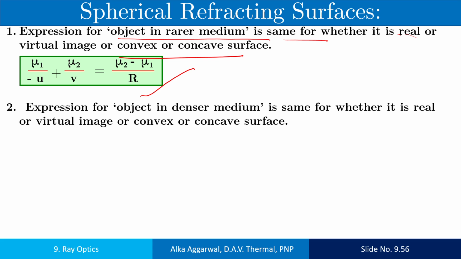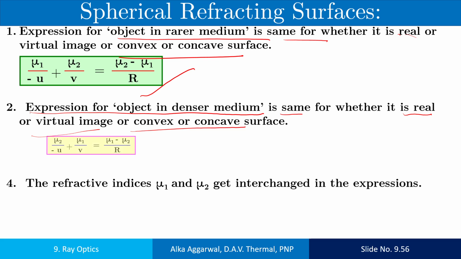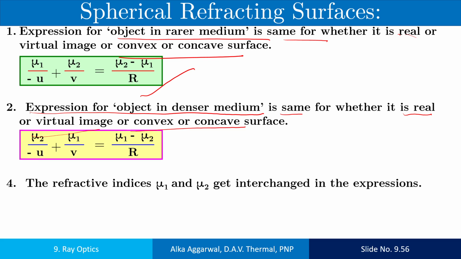And similarly, the expression for object in denser medium is same whether the surface is convex or concave, image is real or virtual, and the expression is minus mu2 upon u plus mu1 upon v is equal to mu1 minus mu2 upon R. Here, in these two expressions, mu1 and mu2 get interchanged. Here mu1 is replaced by mu2 and mu2 is replaced by mu1.